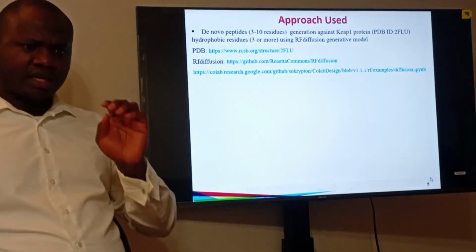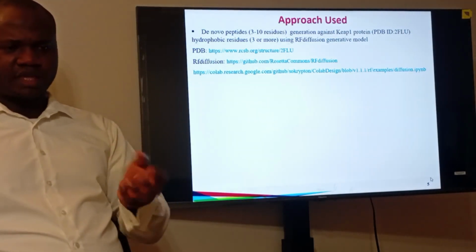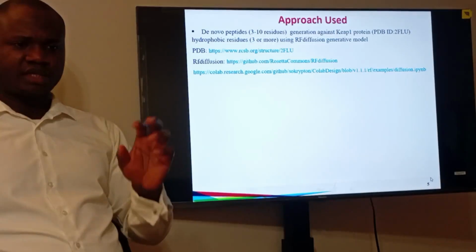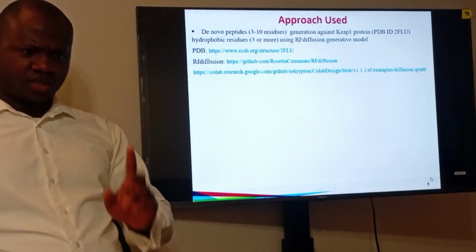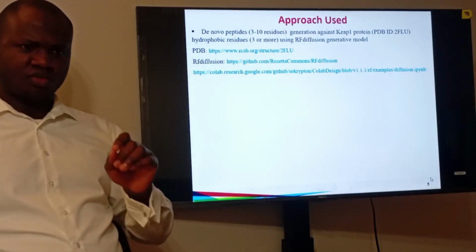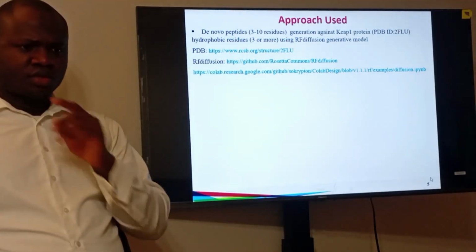So they use RF diffusion to generate models of peptide, that is the backbone of a peptide that can fit into the pocket of a KEAP1 protein. So they use the PDB ID of KEAP1.